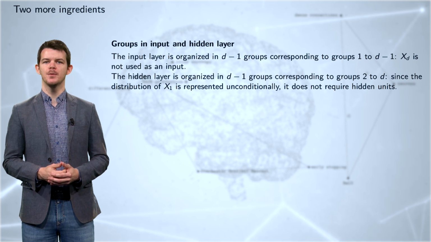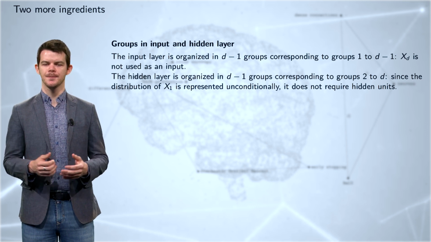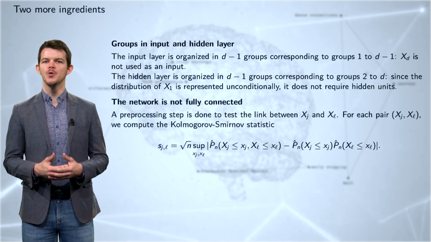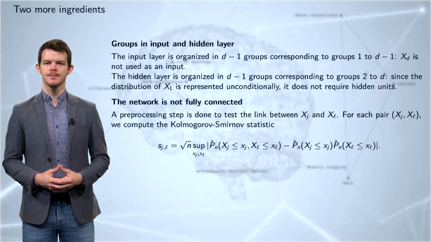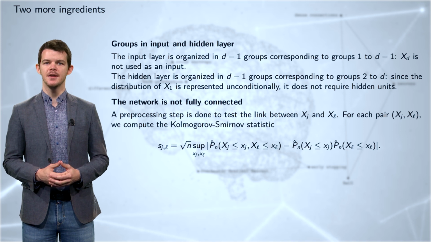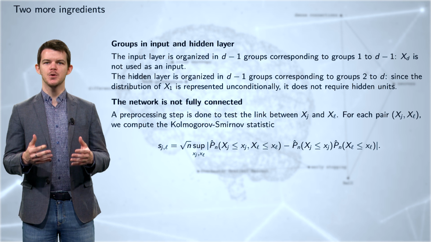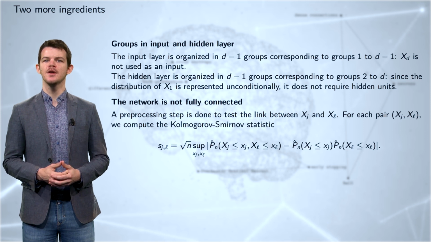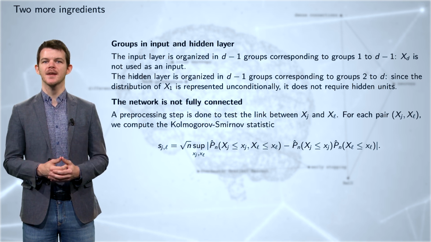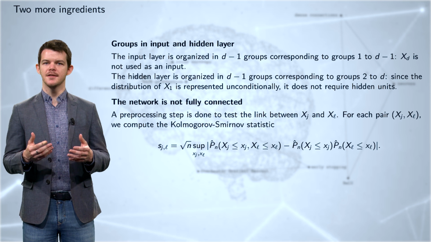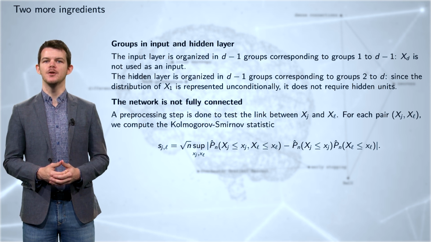Another much more important ingredient is the way to choose connections in this network. Indeed, not all neurons are connected to the other ones. Some connections are removed in the diagram I have shown you 2 slides before. In order to choose the connections that can be removed, a Kolmogorov-Smirnov test is performed to assess the link between 2 variables xj and xl. This test is based on the joint and univariate cumulative distribution functions.